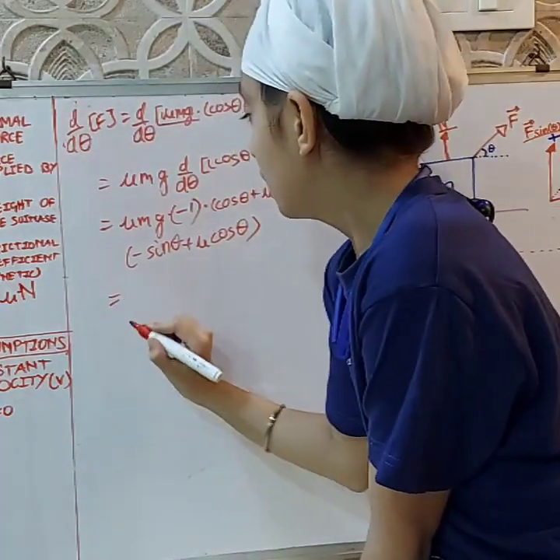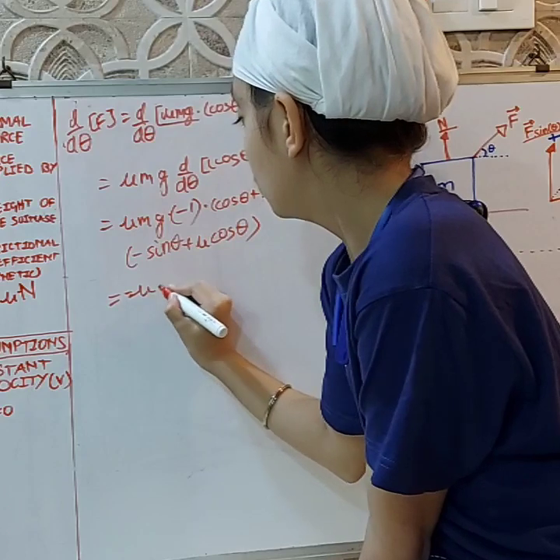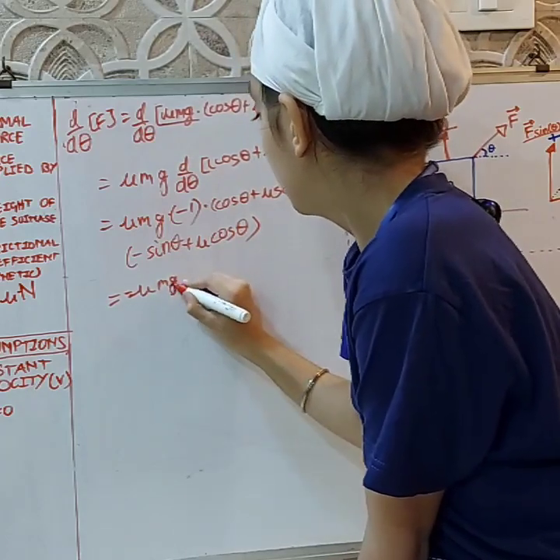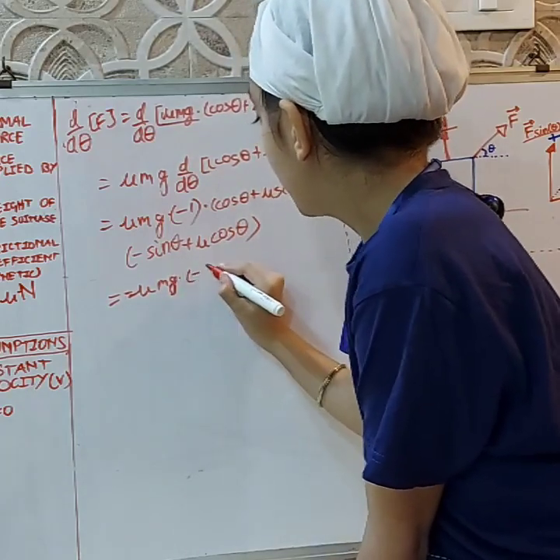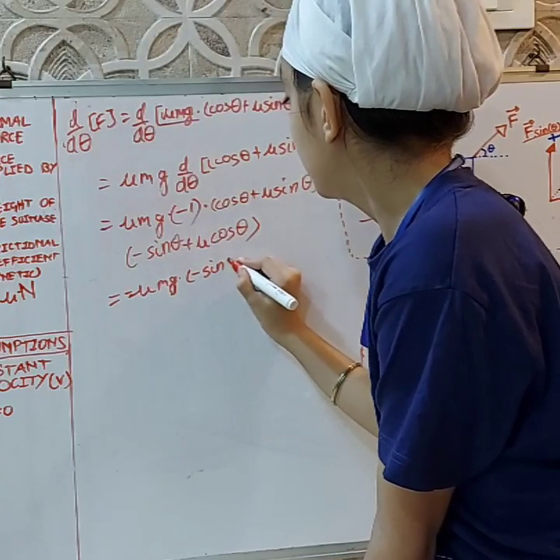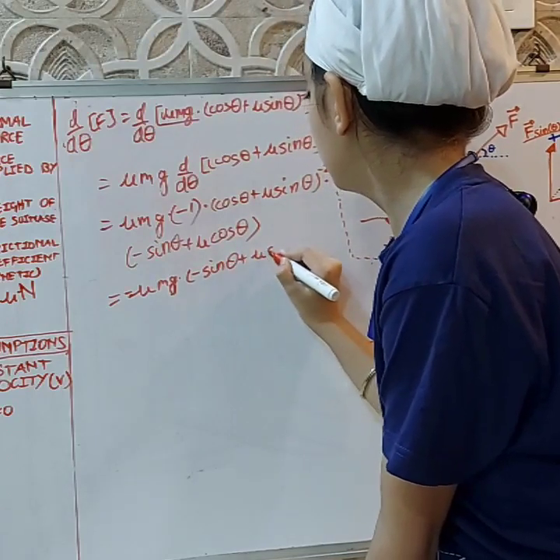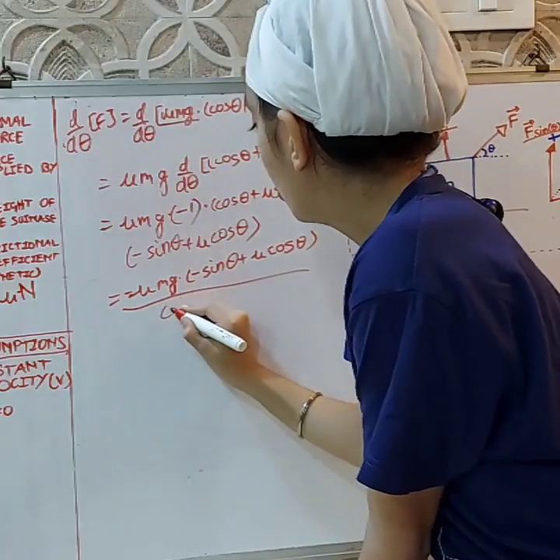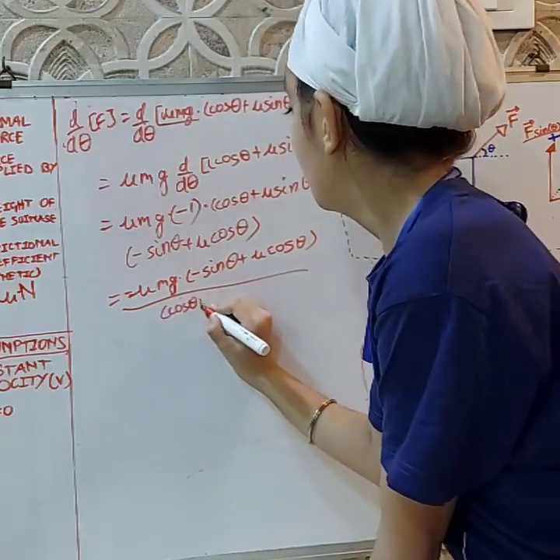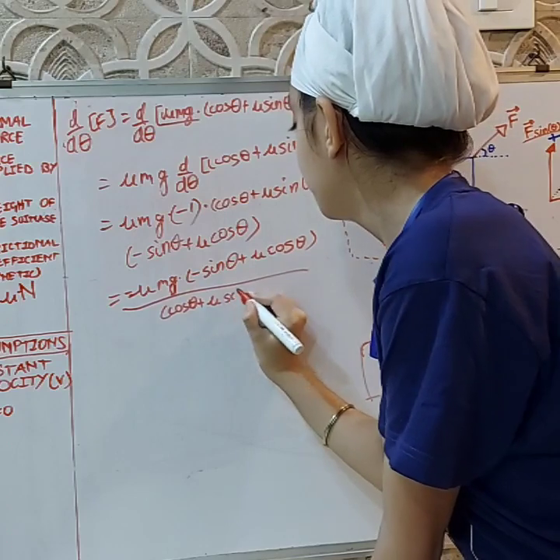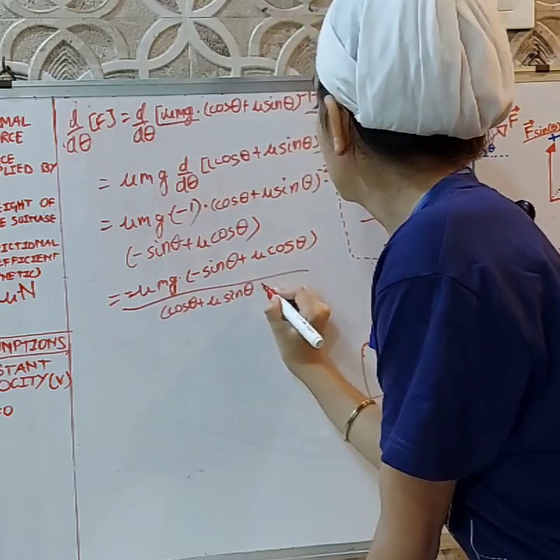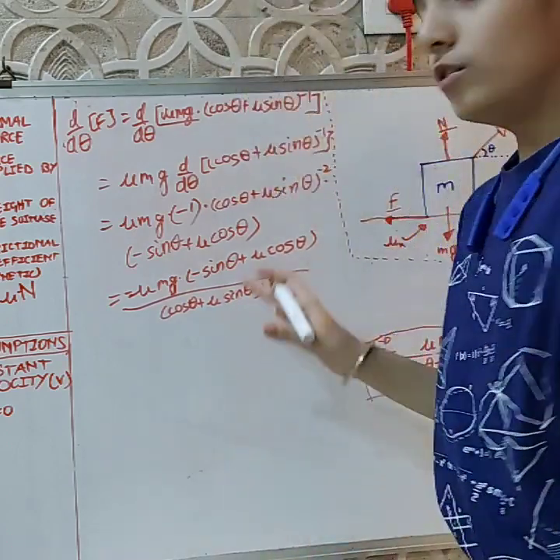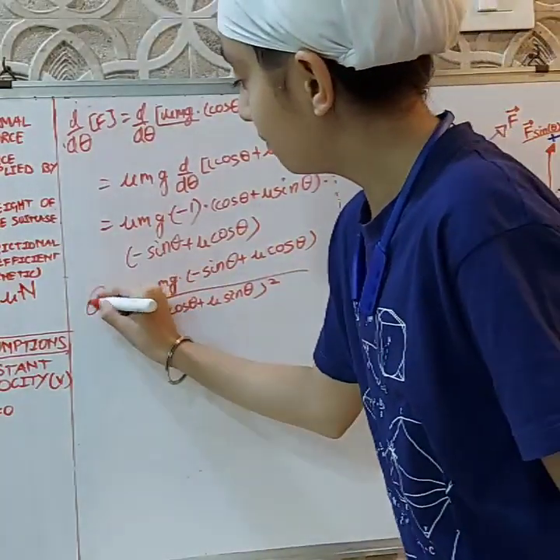Now we can also write this as minus mu mg multiplied by minus sine theta plus mu cosine theta, divided by cosine theta plus mu sine theta, squared.